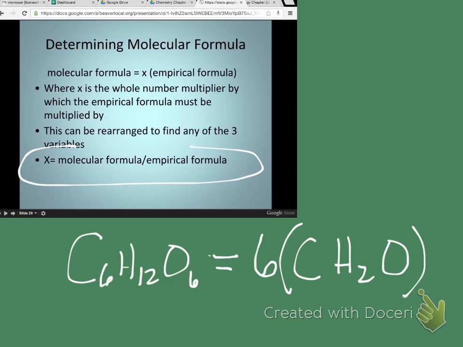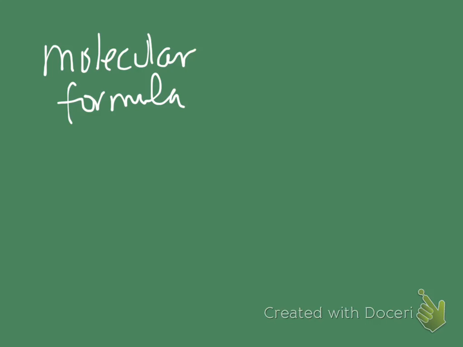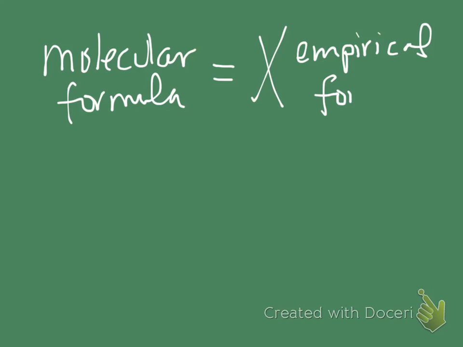What we end up with is a formula that says the molecular formula is equal to some whole number multiplier, some number x, times the empirical formula. That's what we just did.